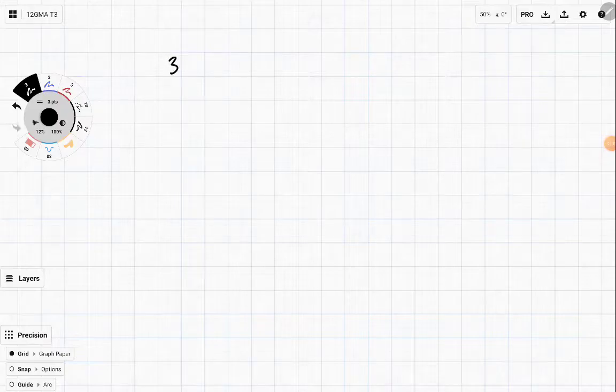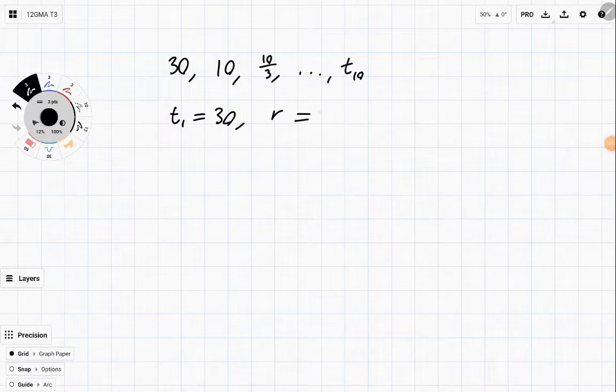So let's imagine we have a sequence of 30, 10, 10 thirds, and we wanted to predict the 10th term of that sequence. Well, first of all, we know what T1 is. It's just 30. R is just the division of two terms. So you got 10 divided by 30, which is a third. Good to double check though.